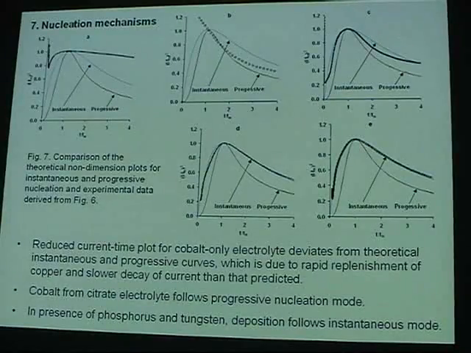But when we put phosphorus or tungsten in the electrolyte, it perfectly follows the instantaneous nucleation mode. It was reported in the literature that cobalt, even if it follows either instantaneous or progressive, in AFM studies actually showed that cobalt always forms nuclei instantaneously.